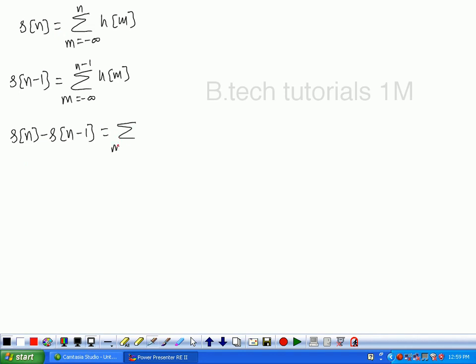This is sigma m equal to minus infinity to n of h of m minus sigma m equal to minus infinity to n minus 1 of h of m.